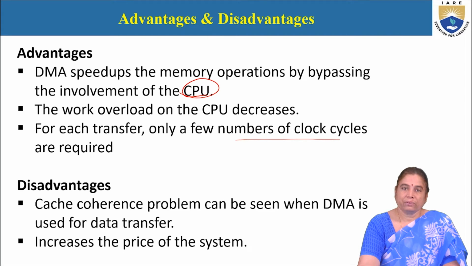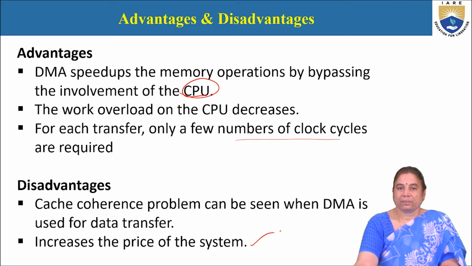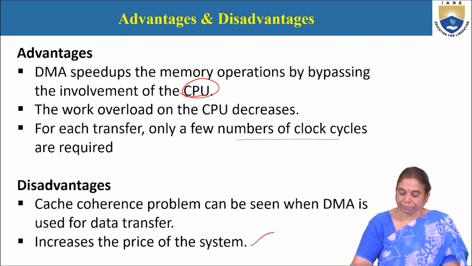It also increases the price of the system, as an additional DMA controller as well as control lines have to be installed for the DMA mode of transfer. That's why the price can be increased. So, these are the disadvantages of the DMA.